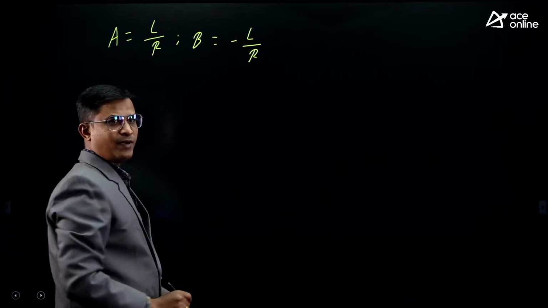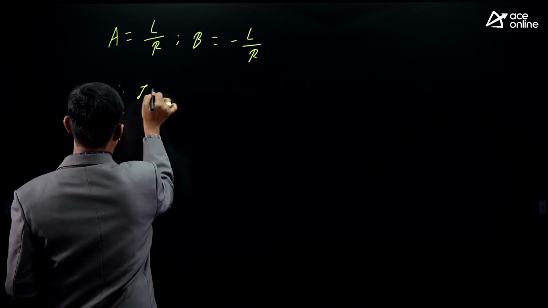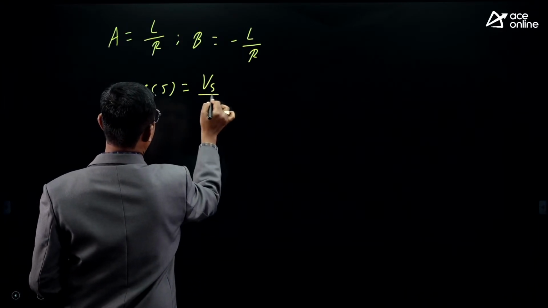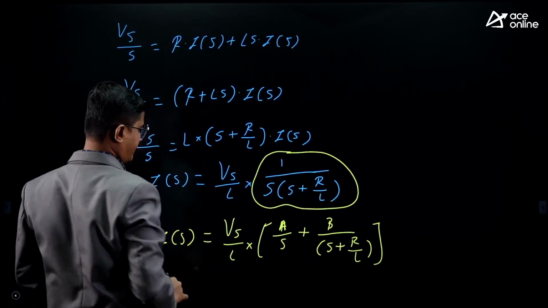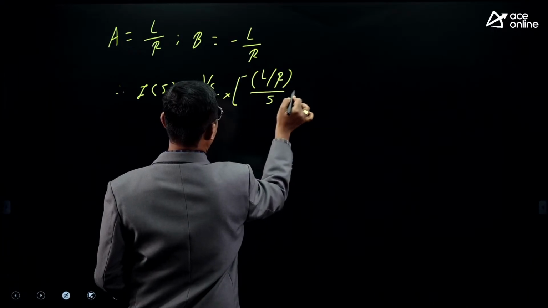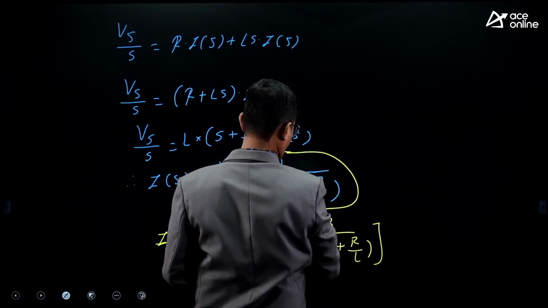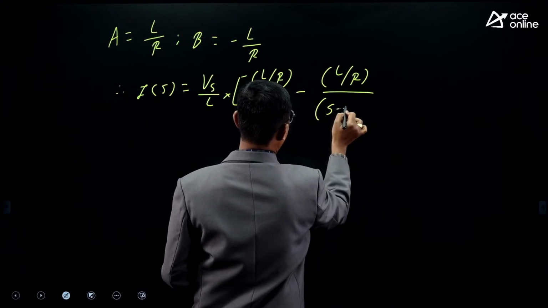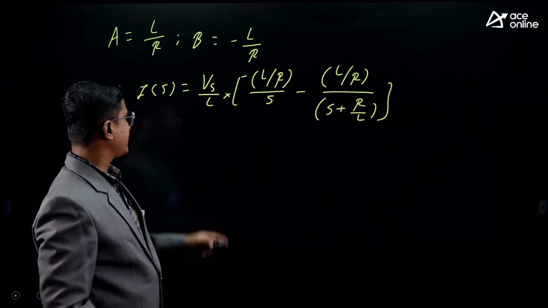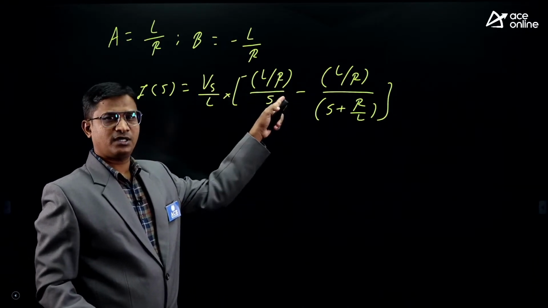So if I put the A and B values here, we will be getting I of S is equal to Vs by L into L by R upon S minus L by R upon S plus R by L. Next, let us take L by R common from the numerator.